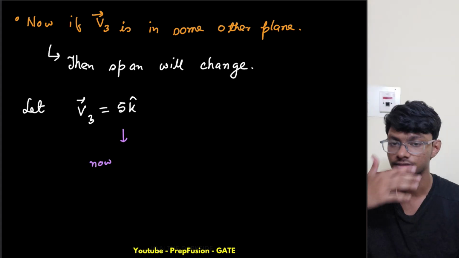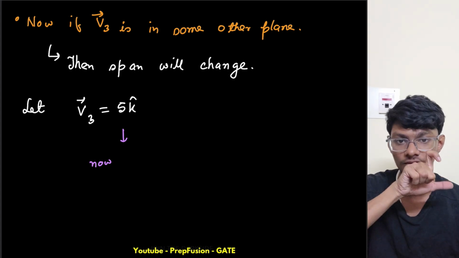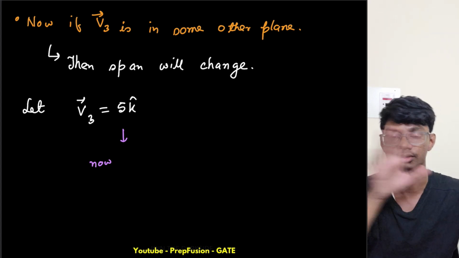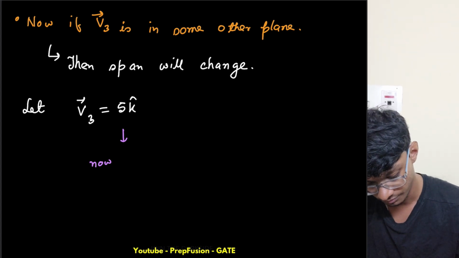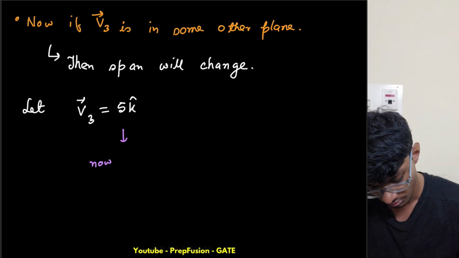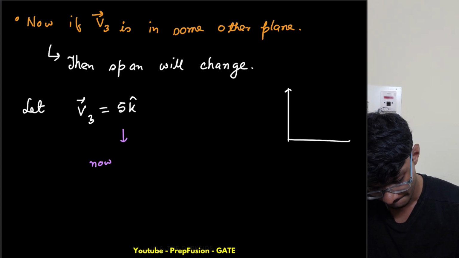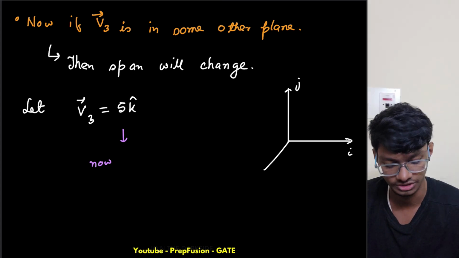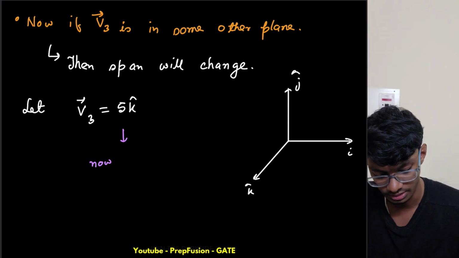I hope you are understanding, right? The previous v1 and v2 are a combination of i and j, and our new v3 is only k. So I have got all i, j and k together, so I can get the whole 3D space. So here let me draw. This is i, this is j, along the j direction. Now I have a new direction which is perpendicular to both i and j. This is the k direction, k cap.